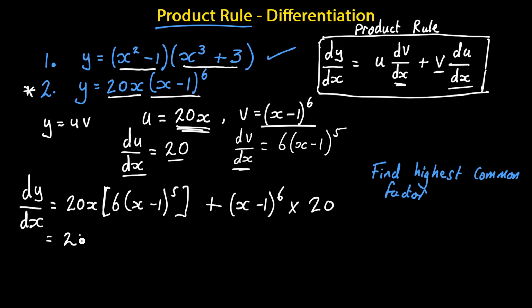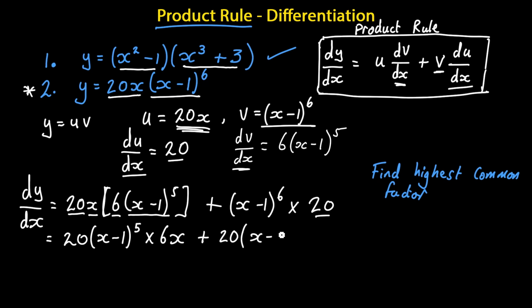So the 20 here, I'm going to separate that away from the x and multiply it by the (x minus 1) to the power of 5, and then multiply it by 6x, because everything here in this first term is multiplied together. So you can rearrange the variables and the coefficients here. And with the second term, after the addition sign, we've got (x minus 1) to the power of 6.